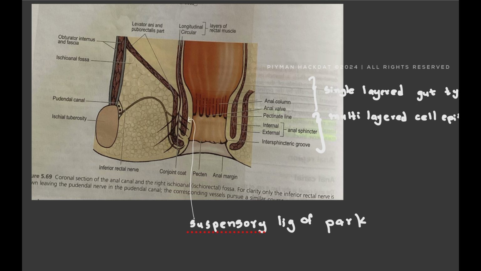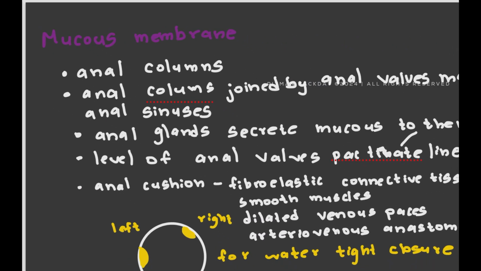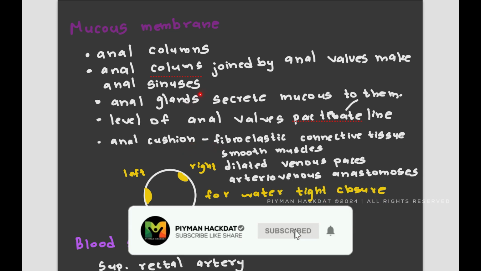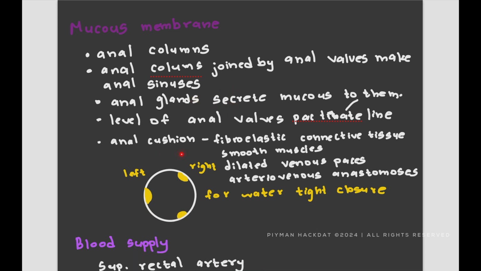In these anal columns there are anal glands that secrete mucus, and the level of the anal valves is the pectinate line. So when these sinuses get inflamed, you can get fistula. Anal cushion: this consists of fibroelastic connective tissue, smooth muscle, dilated venous plexus, and arteriovenous anastomosis.